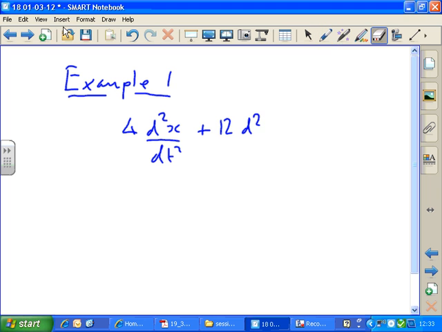Let's make a note of this example and work through the solution.